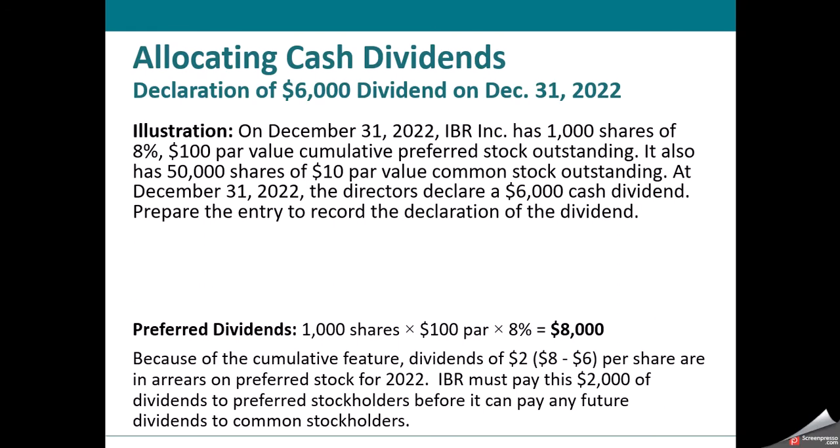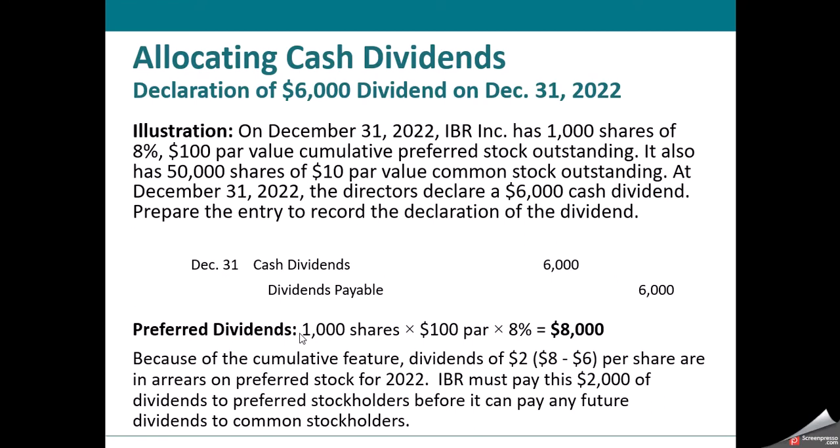So here we have another example. If they have 1,000 shares of 8% $100 par value preferred stock, and they have 50,000 shares of $10 par value common stock, if they can only afford to pay a $6,000 cash dividend, they'll record the cash dividend, set up the dividends payable, and then because these dividends are for the preferred stockholders, they're going to get theirs first.